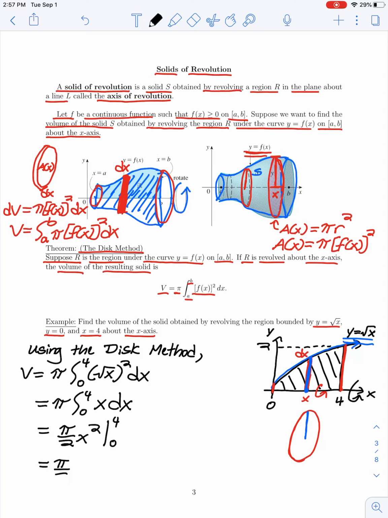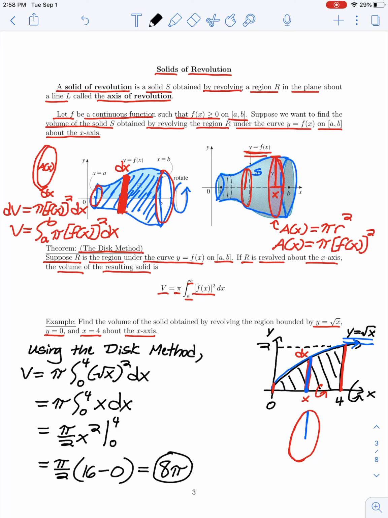So we have our constant pi over 2 out in front. When we evaluate x squared at 4, we have 16, and then we subtract the value that we get when we evaluate at x equals 0, which would be 0. So we've got pi over 2 times 16, which leaves us with 8 pi for the volume of the solid which is being described here. Okay.